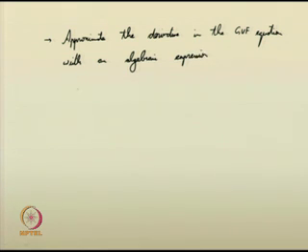Usually, this is the derivative available: dy by dx is now approximated by an algebraic expression in the form of (y2 minus y1) by (x2 minus x1).